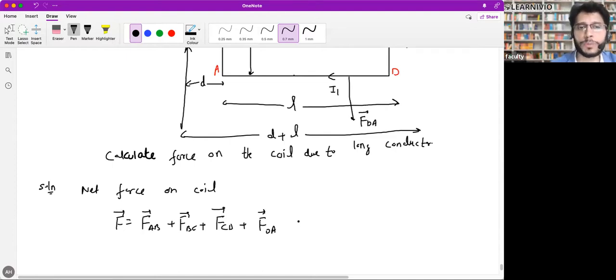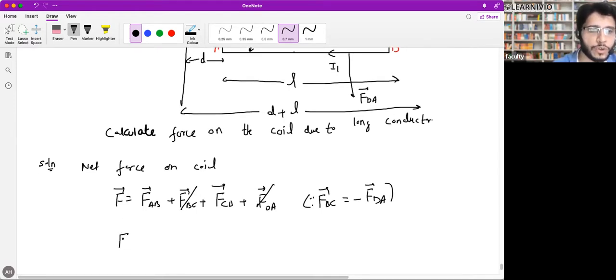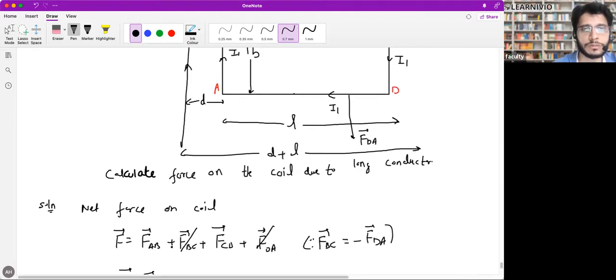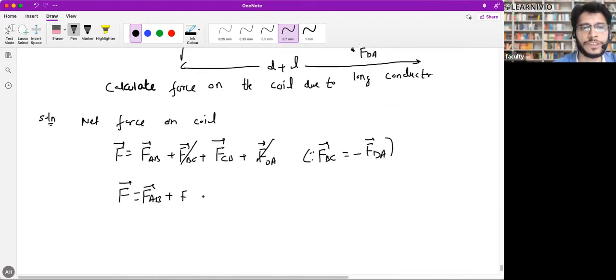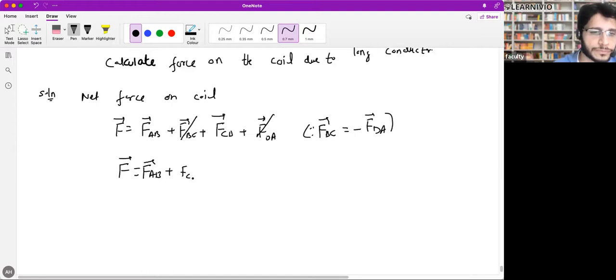They are equal and opposite. So don't worry about BC and DA. FBC is minus of FDA. They will just cancel each other. So you are left with only FAB and FCD. I call this equation number 1.